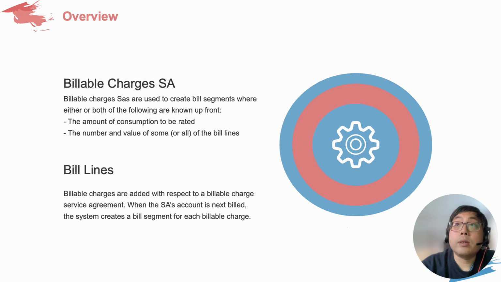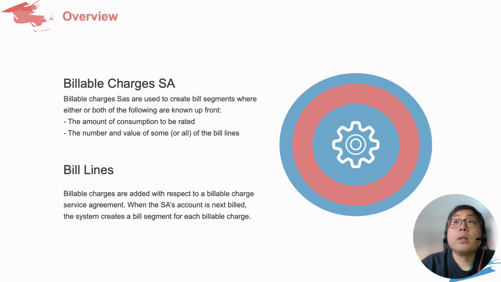So in those cases, billable charge can be used to calculate the billable amount and then send it off to the customer or the agent, or what we call TPI, for example.